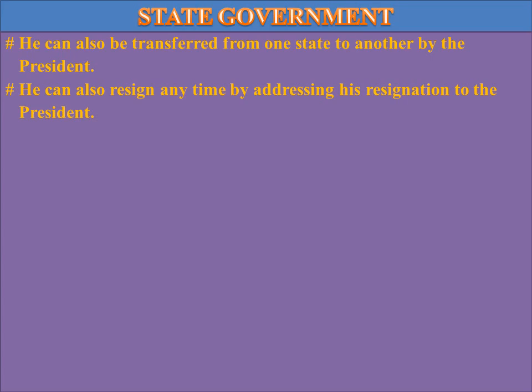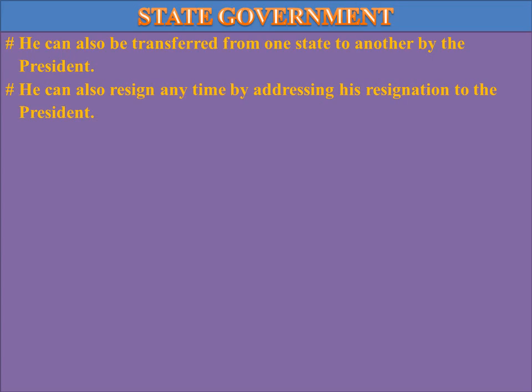2 conventions have been set up in the matter of appointing a person as governor of the state. He should not be a resident of the state concerned, and the state government concerned should be consulted and its views sought regarding the proposed choice.